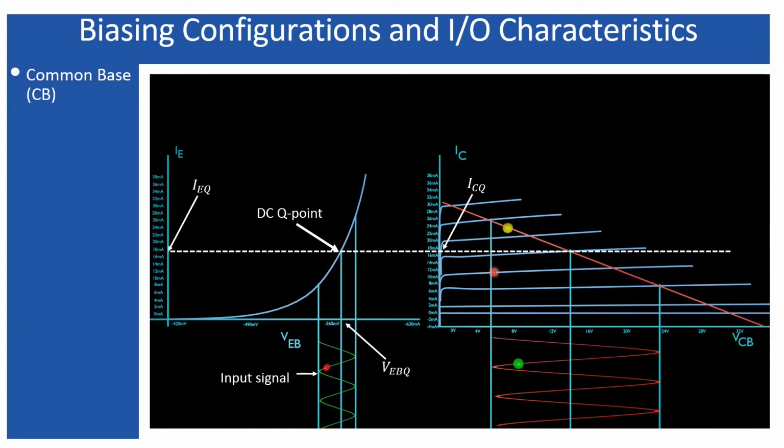Now, come to the output characteristic side. As we know, IC equals alpha times IE. For the time being, consider alpha equals 1. However, alpha has a typical value of 0.98, but for the time being, I am considering that it is exactly equal to 1 because I am considering the ideal case. So if IC equals IE, that means the current on the input characteristics has a direct reference on the current axis on the output characteristics over here.